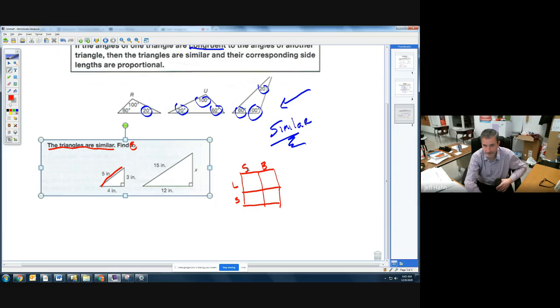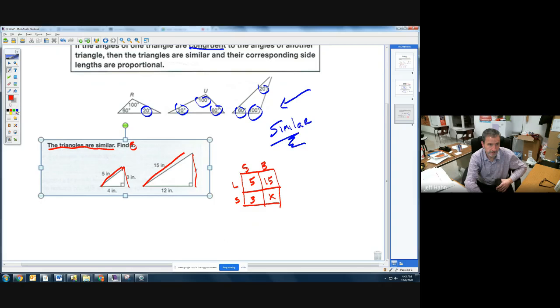The long side on the short triangle is 5 inches. The long side on the big triangle is 15 inches. The short side on the small triangle is 3 inches. And the short side on the big triangle, I don't know, that is x.